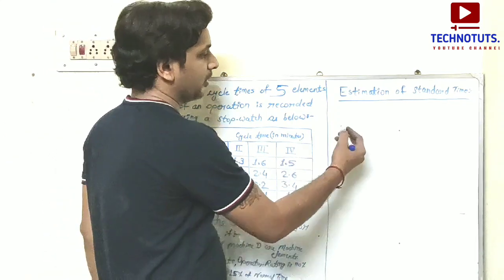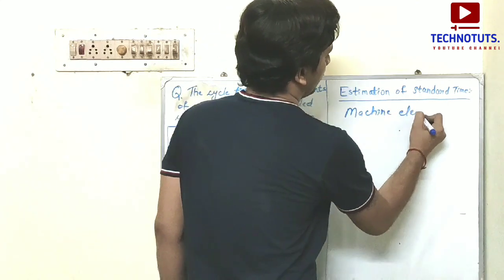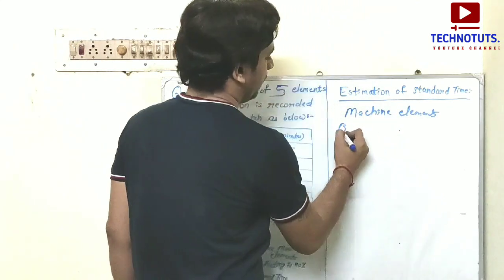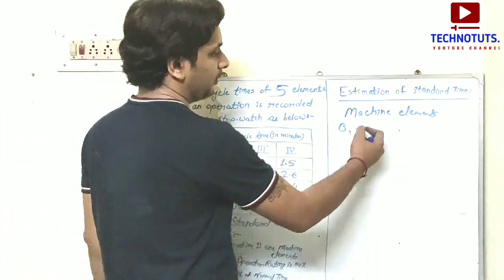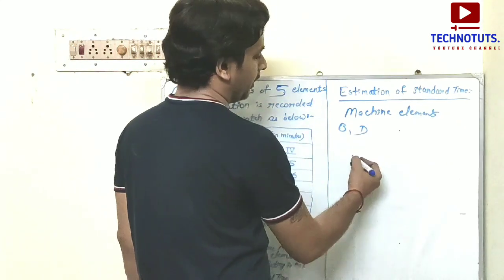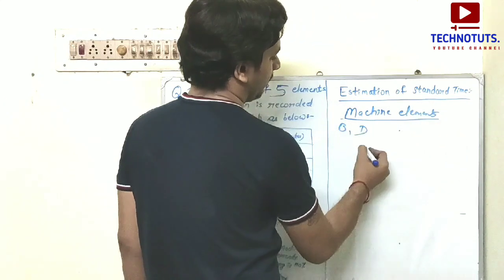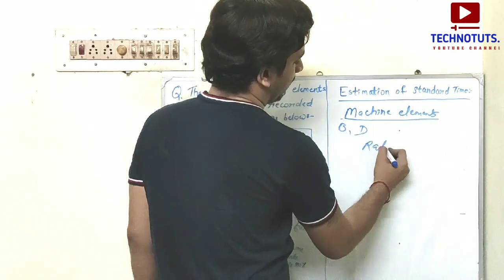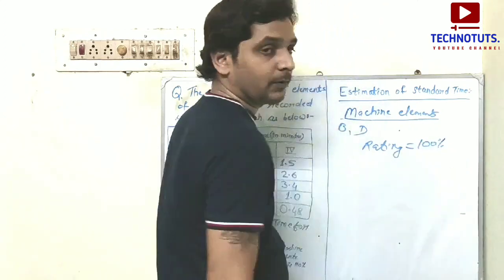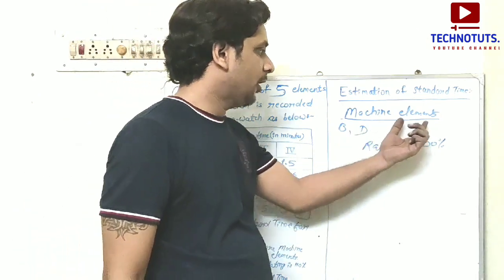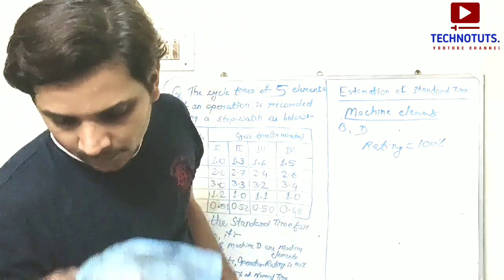Whenever a machine element is given in a question, here B and D, for that element the rating should be taken as 100%. Wherever a machine element is given, you have to put the rating value as 100%. It is simple. Please note it down.